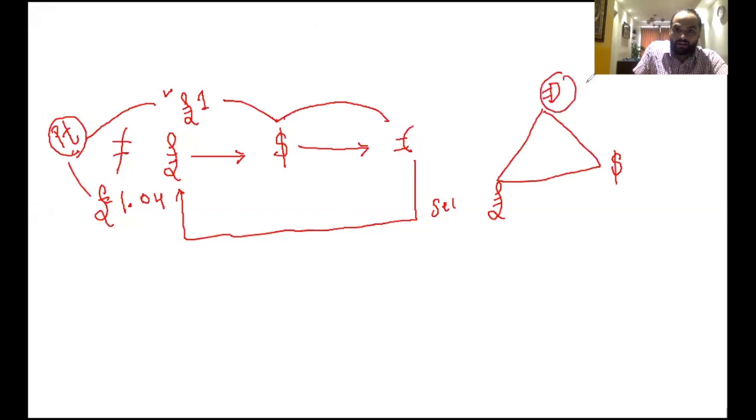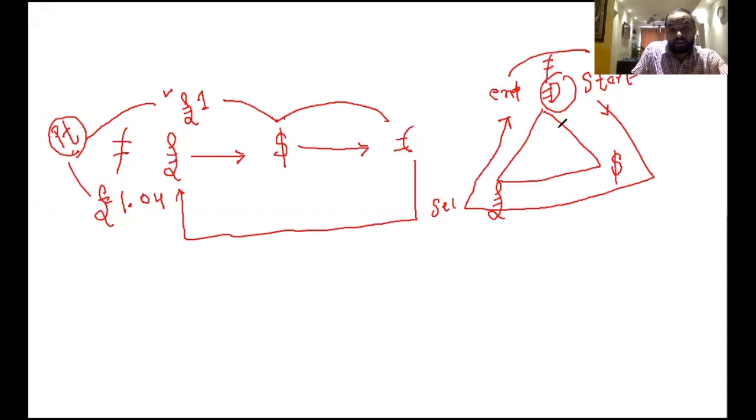So you start here and you end here, and these two numbers may not be equal. And obviously, if the difference is in the positive direction, it is going to be a profit.